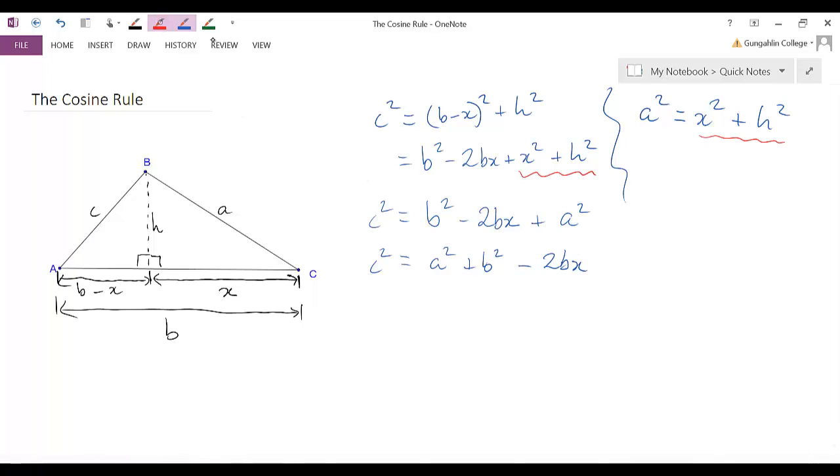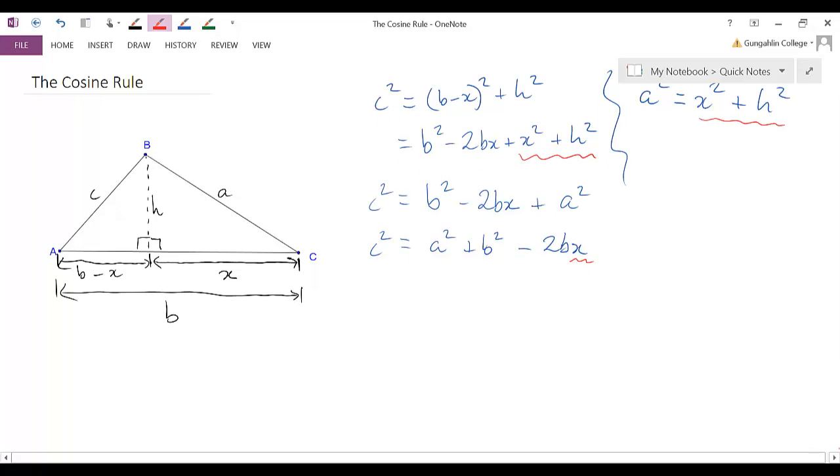The only thing left to do now is to eliminate that X that we have there. And the way that we can do that is we can start considering this right-hand triangle. So what I'm going to do is think about what X is going to be. One way is by this Pythagoras thing, but we've already done that and led to this. So instead I'm going to relate it to my trig ratios.